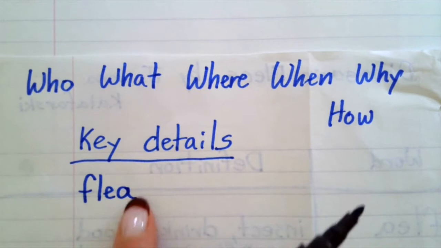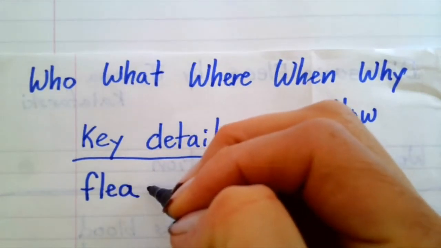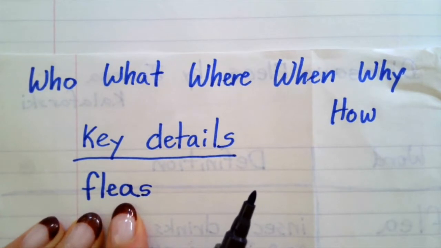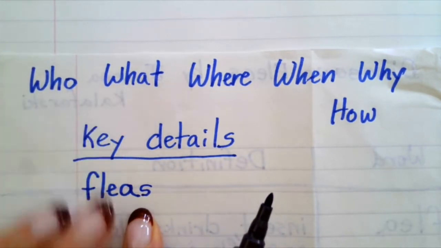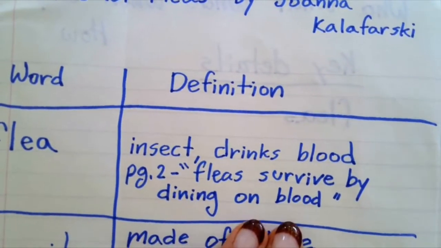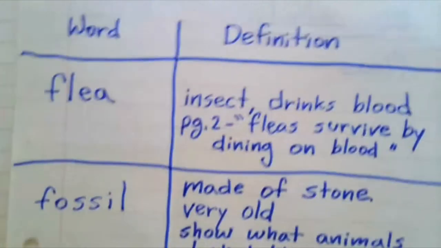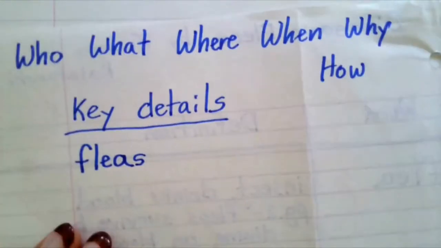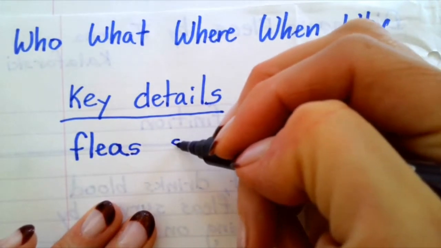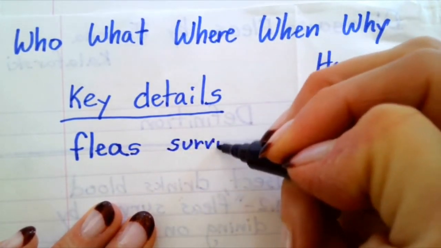The book is about fleas and dinosaurs. So for this keyword fleas, the who is fleas. What did fleas do? We found they survived by dining on blood. Whose blood? The blood of dinosaurs.